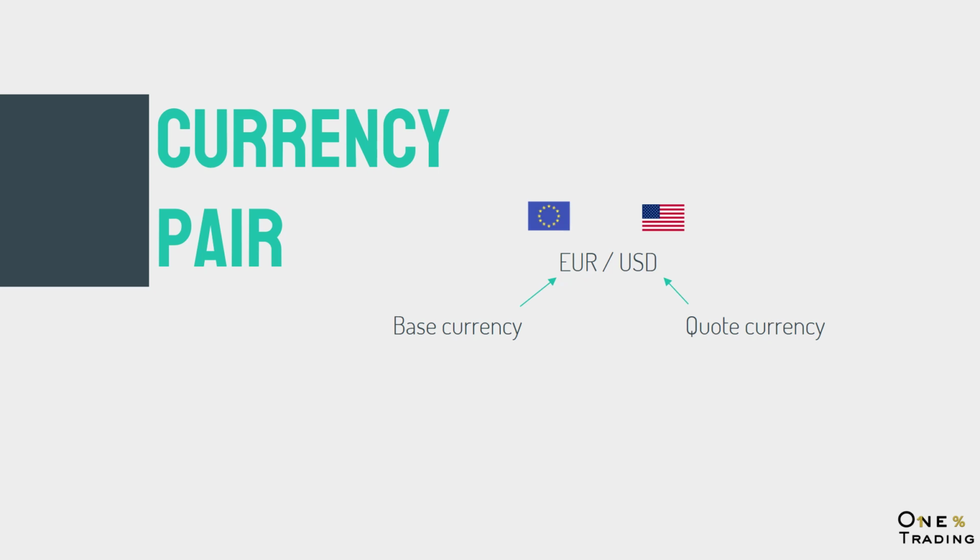When trading Forex, we never trade one currency, but we actually trade a currency pair. This means that we have a base currency and quote currency. So let's say that we have a chart of Euro USD and we believe that the price is going to increase, let's say by 0.1%, or it doesn't matter, or 50 pips.